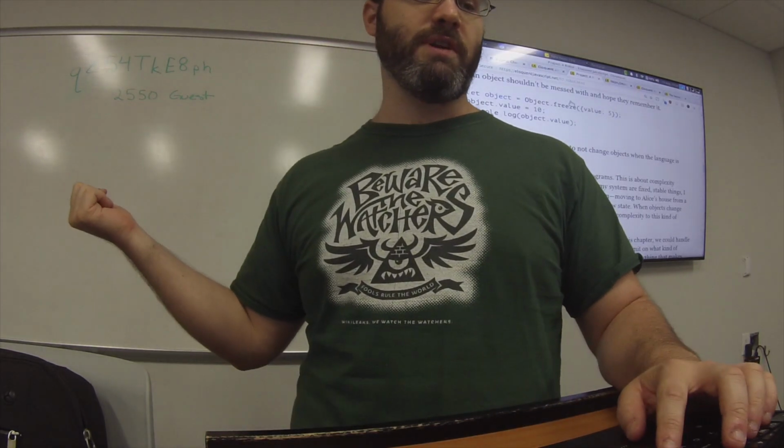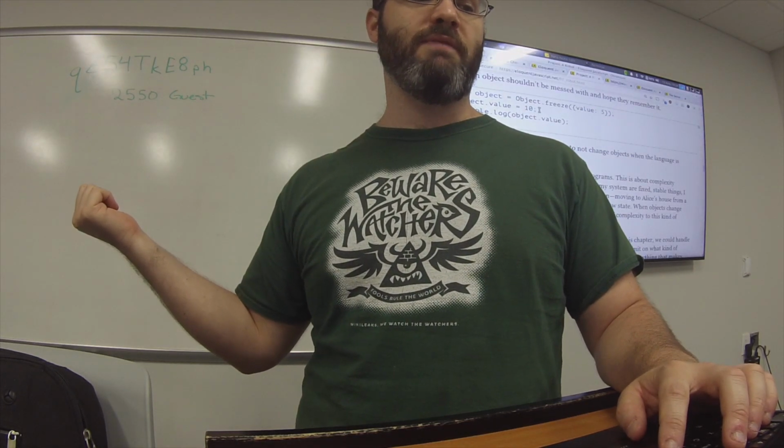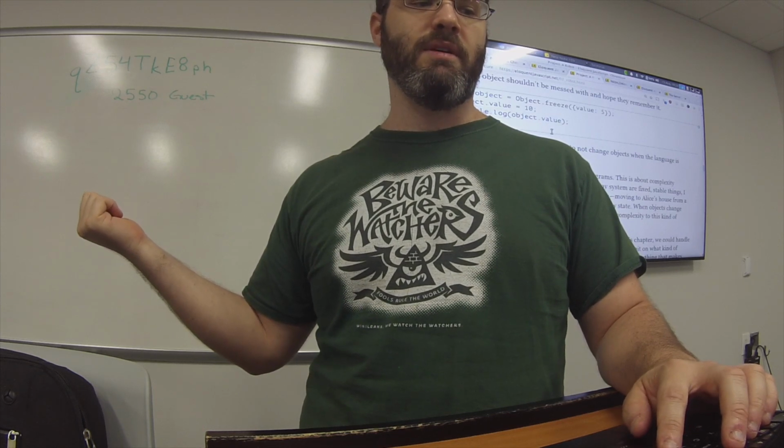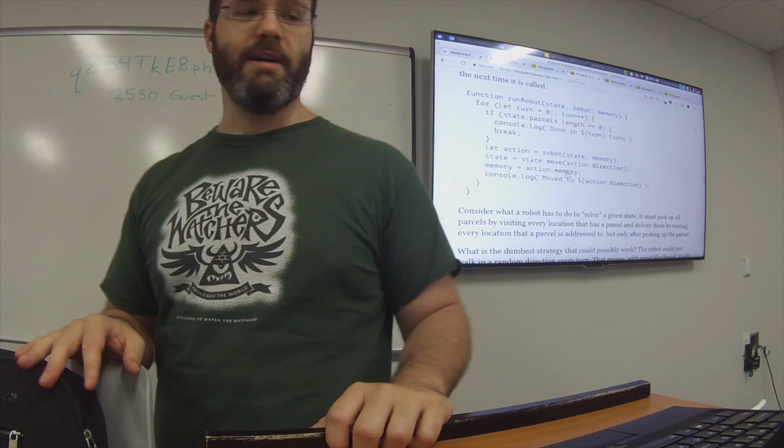So with object.freeze, value 5, we're freezing an object with a value of 5. We set object.value to 10, and then we console log object.value, and we get 5 back. He says it helps him reason about his programs, and all of that stuff is true. It's just weird that we don't do it.